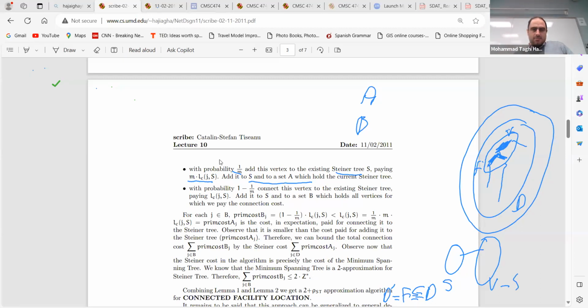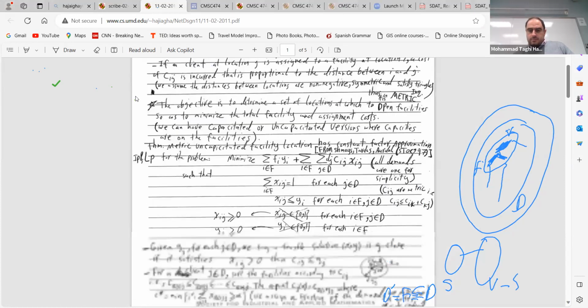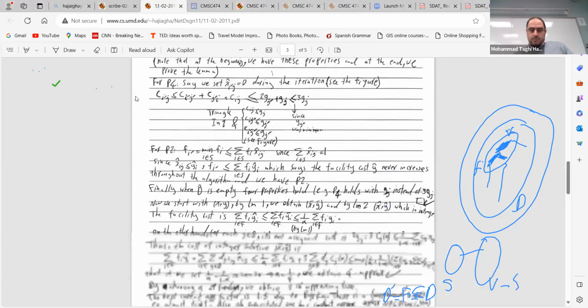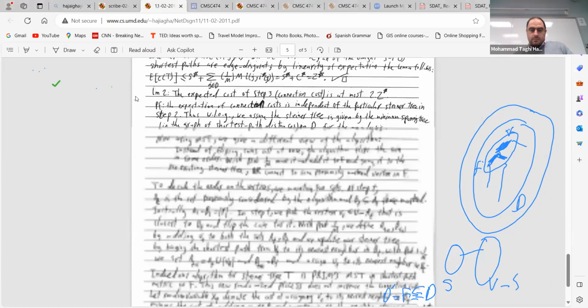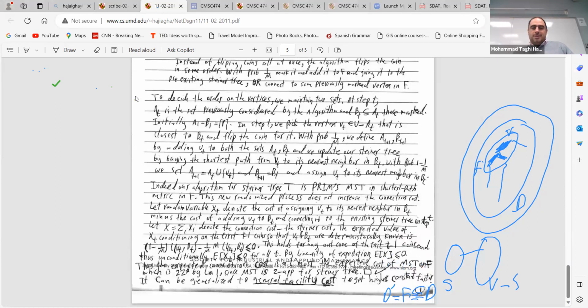This is a bit imprecise, so I need to make sure it is correct. Okay, so this is actually the correct algorithm.